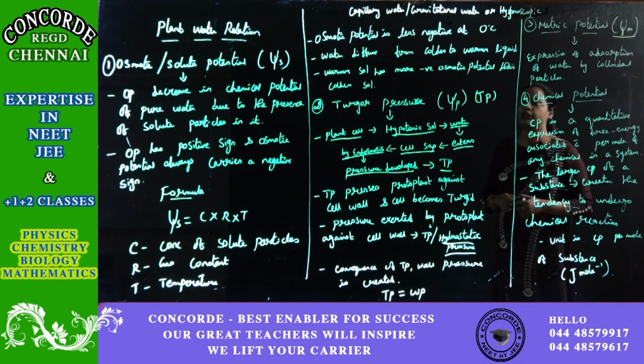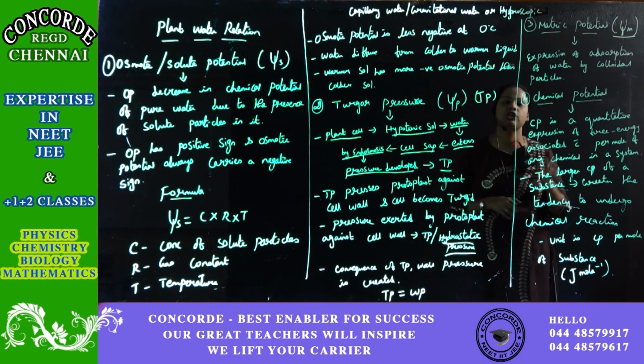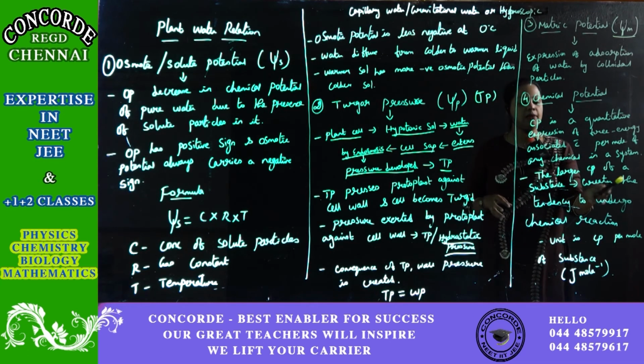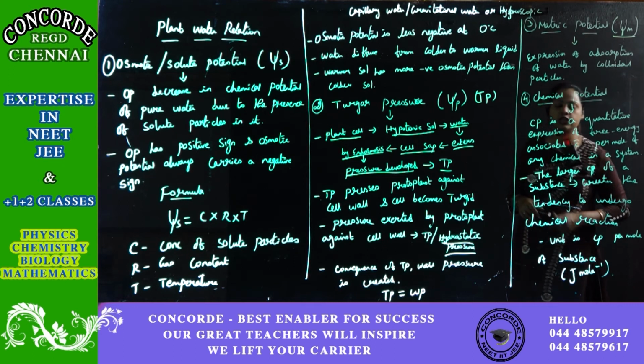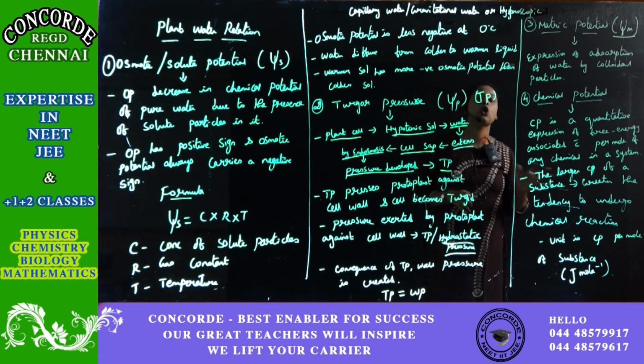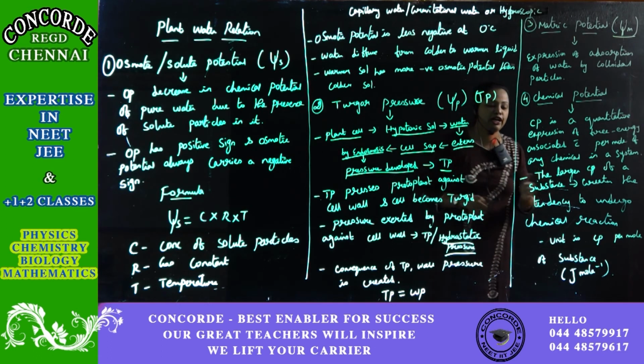And as you know, chemical potential will carry the free energy. So the larger the chemical potential of a substance, the greater the tendency to undergo chemical reaction. The amount of chemical present in the solvent determines the chemical reaction.